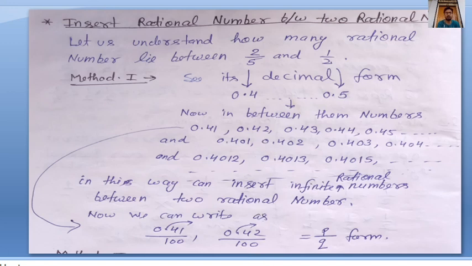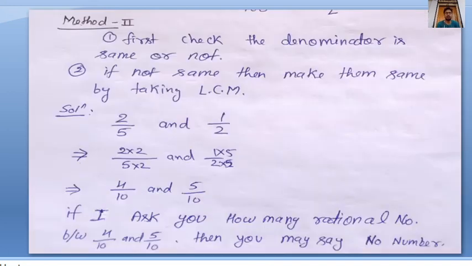Okay. Now we will move further. By another method we will explain it. If we want to insert a rational number between two given rational numbers, first we inserted it with the help of decimal numbers. Now we are going to insert with the help of fractional numbers.